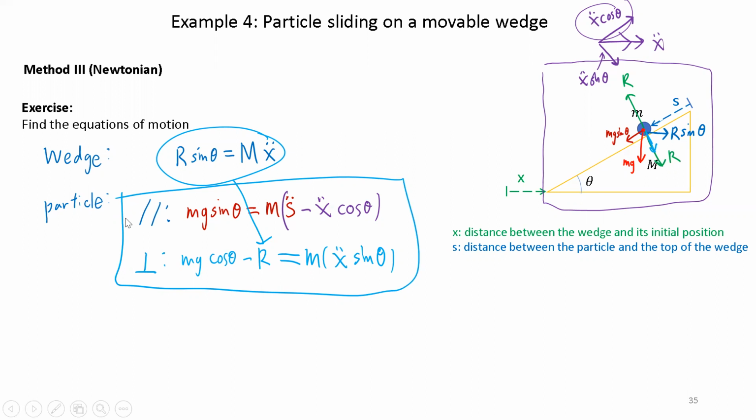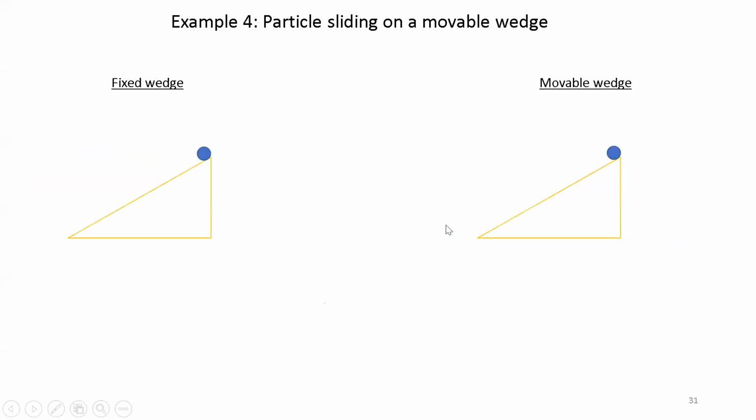Then I have two linear equations with two unknowns, x double dot and s double dot. I can solve for s double dot and x double dot, and then just integrate them. You will get s and x as a function of time. So this is how we would deal with the problem using the Newtonian way. Now let's go to the Lagrangian.